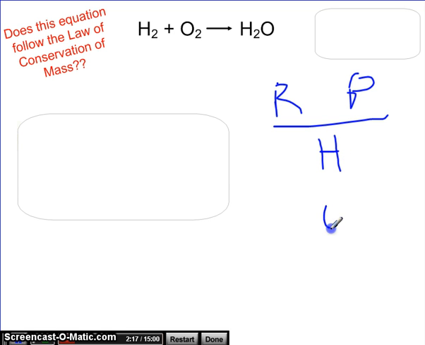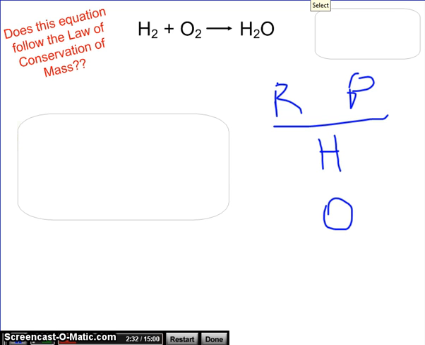So I have hydrogen and I have oxygen. And all I'm going to do is count how many atoms I have on the reactant side and how many atoms I have on the product side for each element.